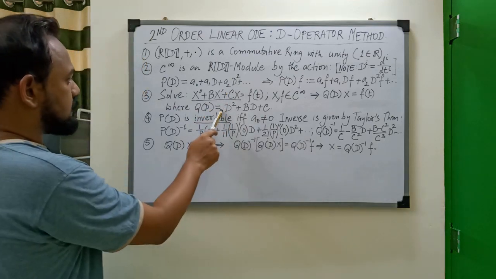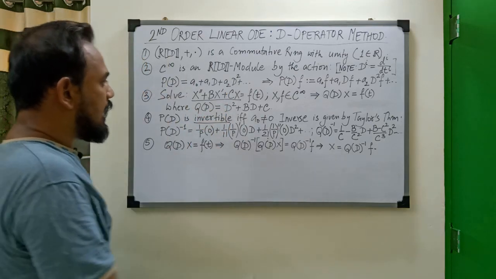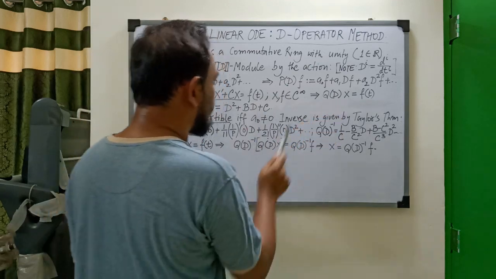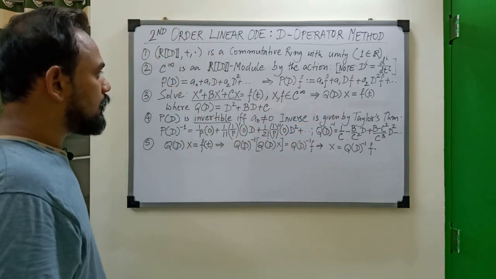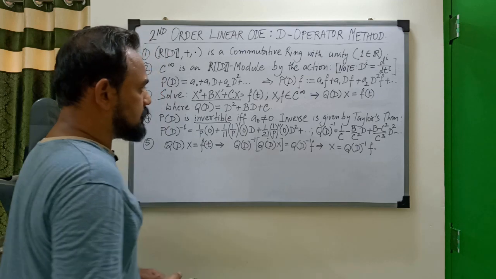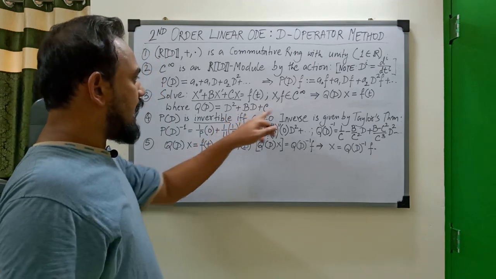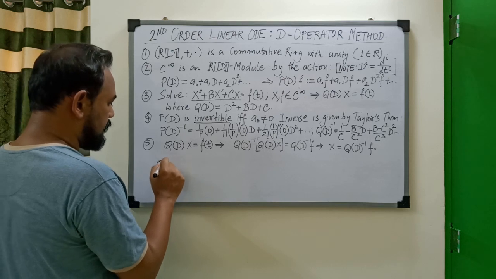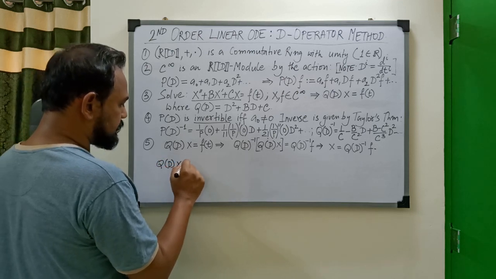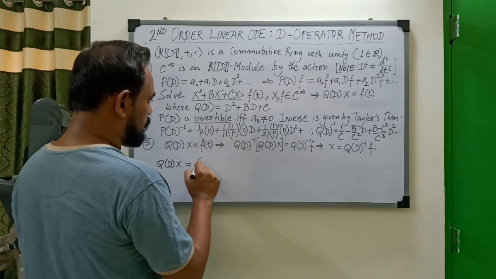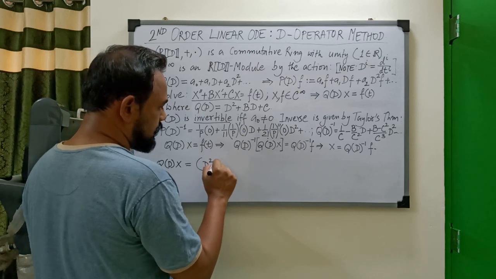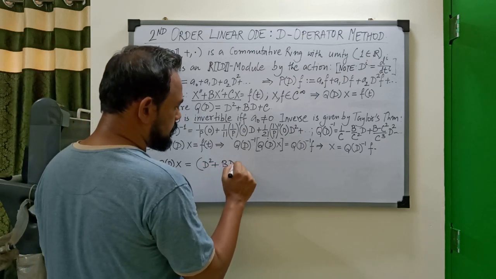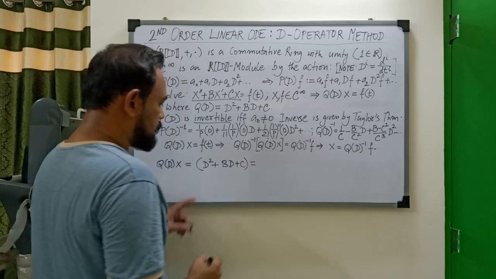Okay, if I look at this element from RD, and I make it act on x, which is a function from C infinity, the way QD acts on x is a term by term action: D square plus bD plus c. What's the term by term action?